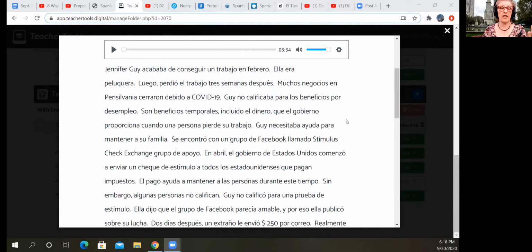Calificó is qualified, boom, end of story, end of event. Okay. Denied or approved, okay? Or calificada was qualifying. It would be more common to hear that in preterite, I will tell you.